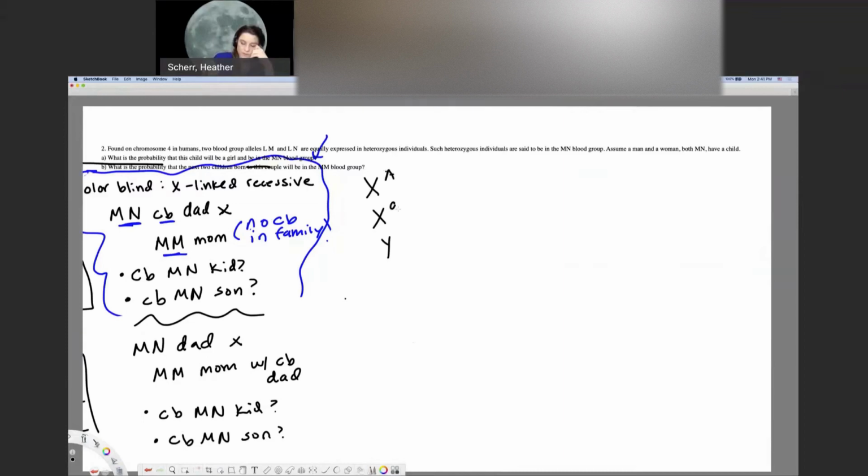If it's recessive, this is the mutant version that leads to colorblindness. And the other one's normal color vision, or really, a functional receptor.